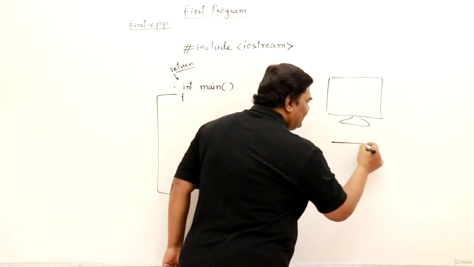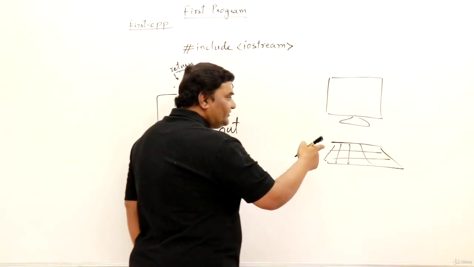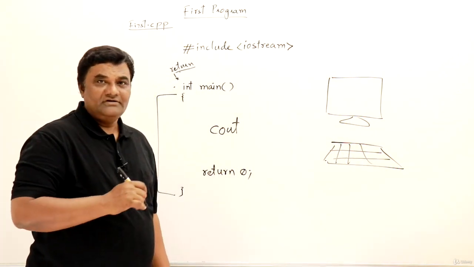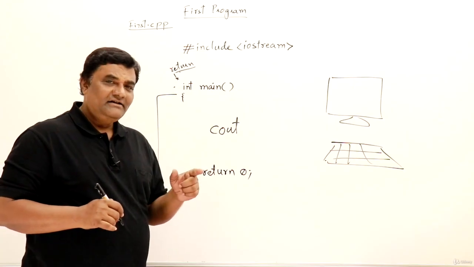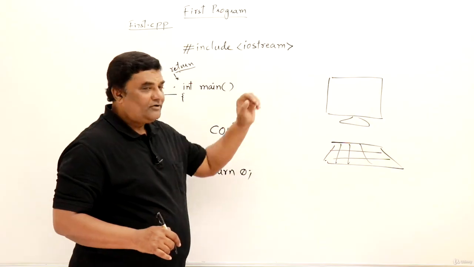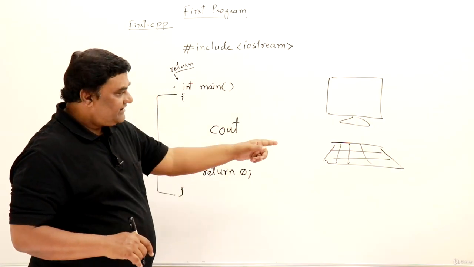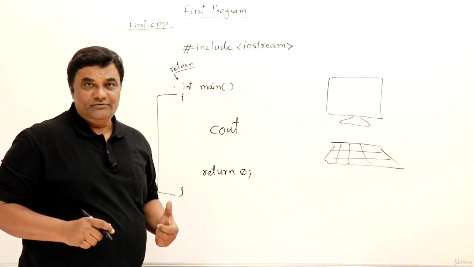Then there is the keyboard, which is useful for taking input, so this is the input console. So cout is for the monitor, console out, and cin, that is console in, is for the keyboard, taking any input from the keyboard.